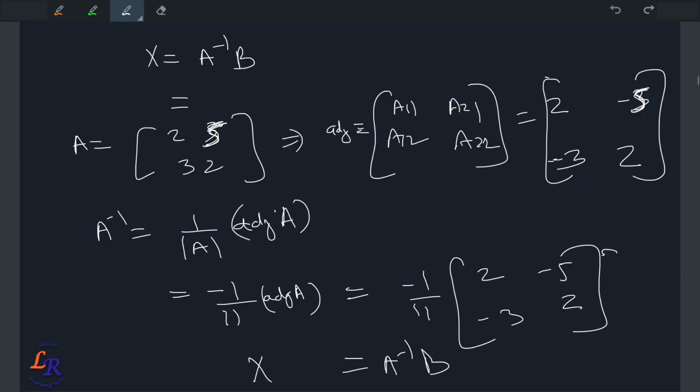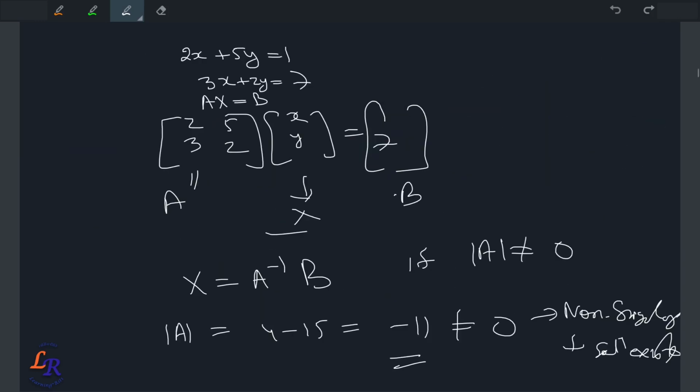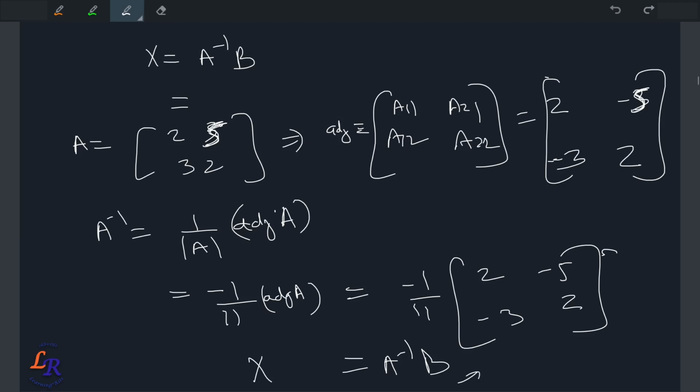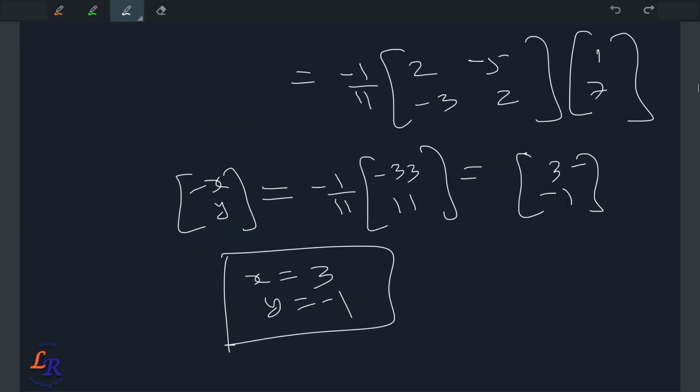So see how easily you can utilize this concept of matrix equation and the formula. If the matrix is non-singular, then you can easily solve it and find out the values. Similarly, you can apply it to even higher order examples and easily solve this kind of problems.